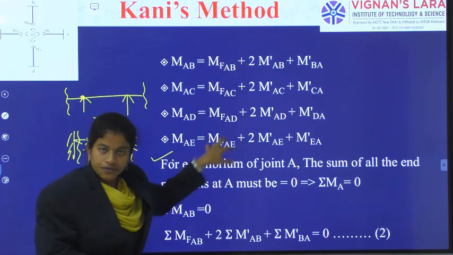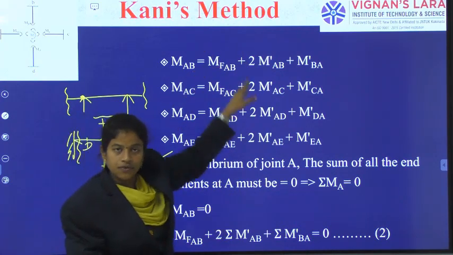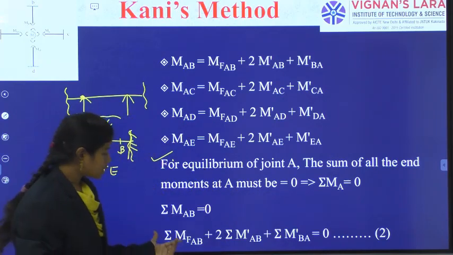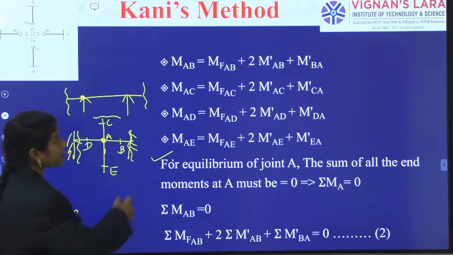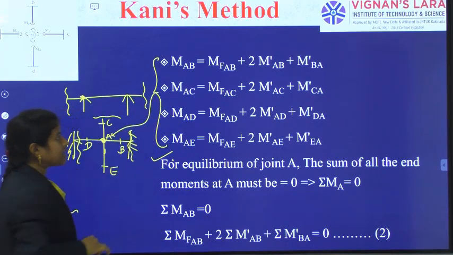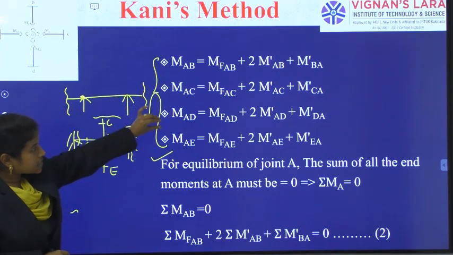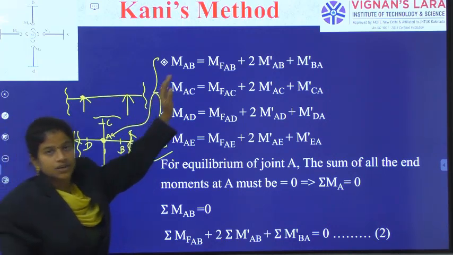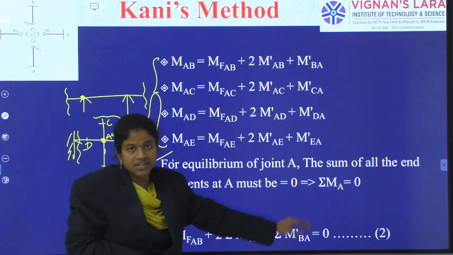Summation of fixed end moments, summation of twice the contribution, summation of the contribution of the farther end. Summation of all these support moments acting at joint A is equal to 0. That's why the left side summation is equal to 0, and the right side summation is equal to 0.